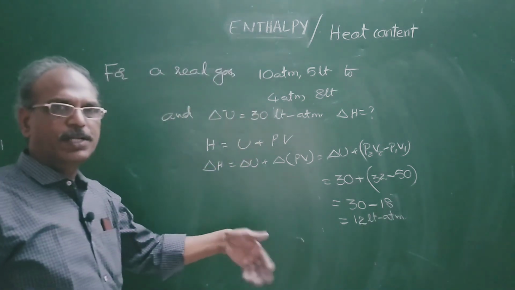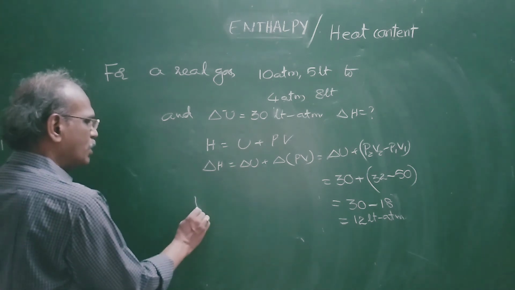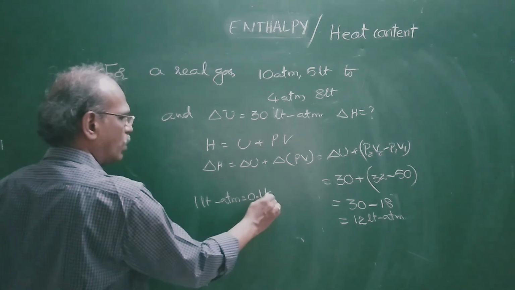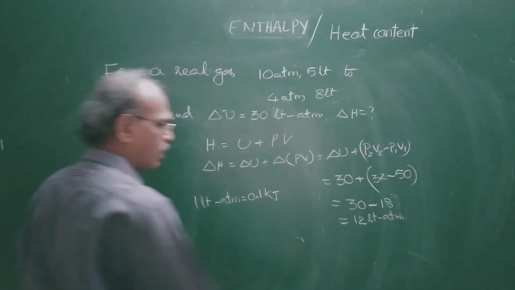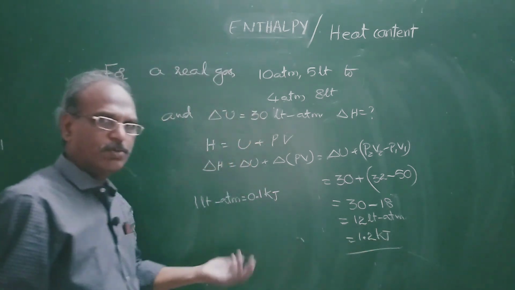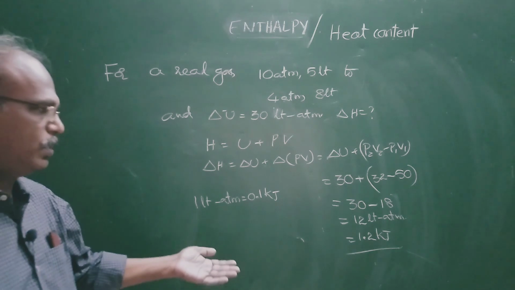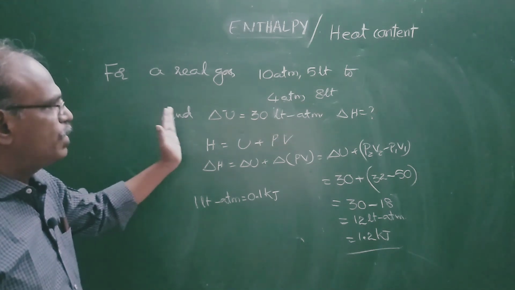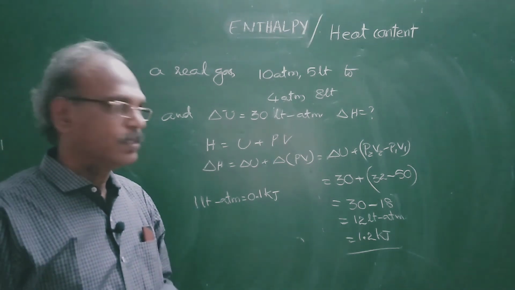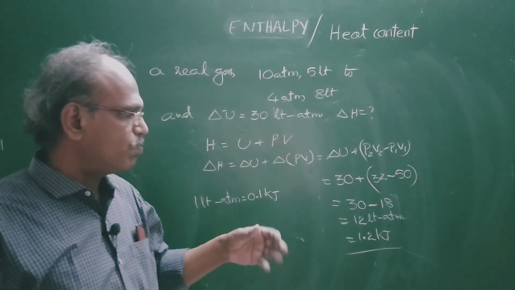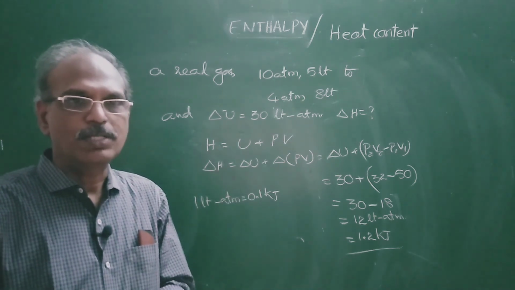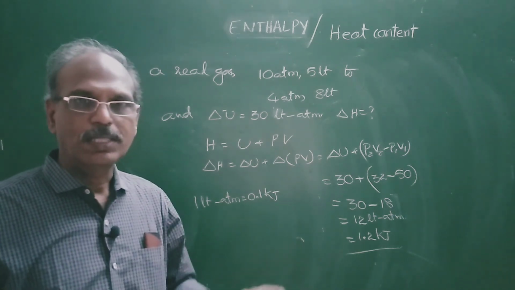If you want to convert that into joules, 1 liter atmosphere is 0.1 kilojoules. Therefore, this is 1.2 kilojoules. If necessary, we will convert, otherwise we will leave at this stage. So in that way, you can see different problems. Okay, after discussing the first law and others, we will see some more problems related to enthalpy change. These are some conceptual questions related to enthalpy change.